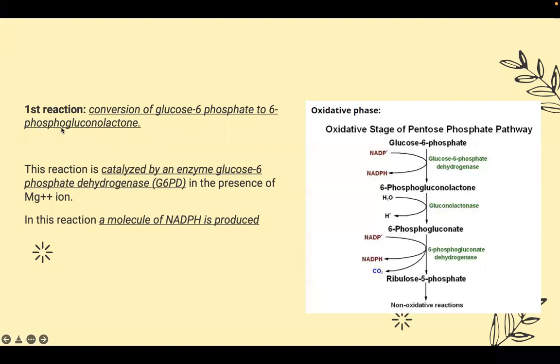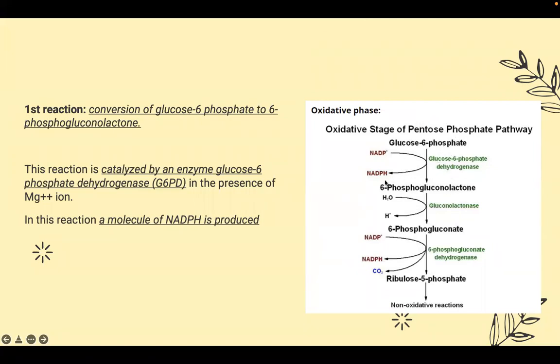Okay, nung naging glucose 6-phosphate na siya, it will be converted to 6-phosphogluconolactone. This is the first reaction. Yung kanina zero reaction, initial reaction yon. Okay, ito na yung first reaction mo.